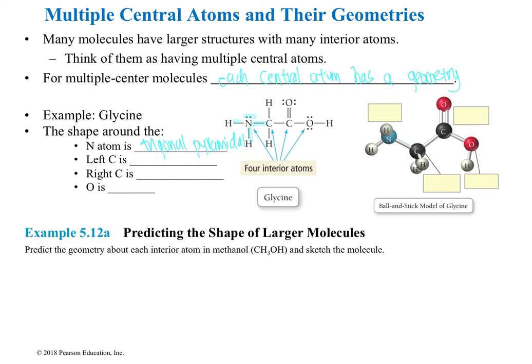For carbon, it has 1, 2, 3, 4 atoms, and no lone pairs, so that is tetrahedral. This next carbon has 1, 2, 3 groups. All of them are atoms, no lone pairs, so that is trigonal planar.